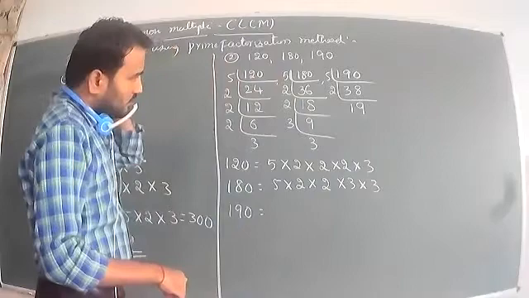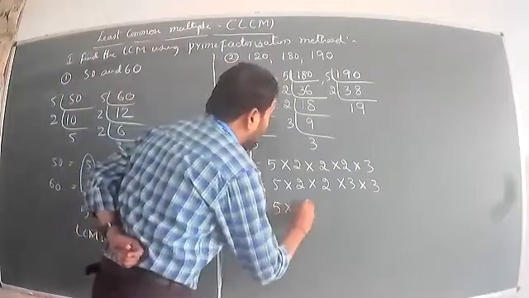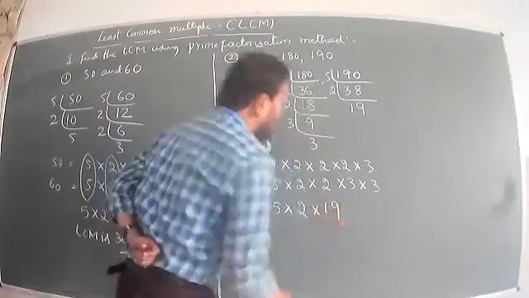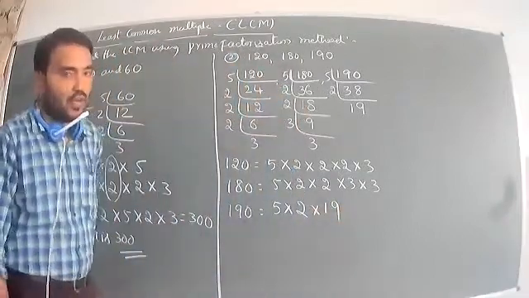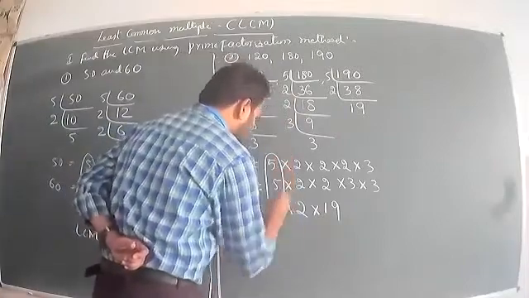Yes, is it right? Next 5 into 2 into 19. Now taken the common. So here 5 is common. Next 2 is common.